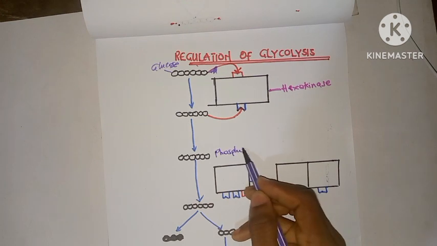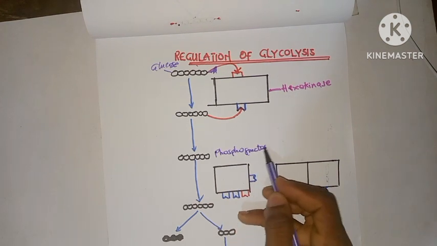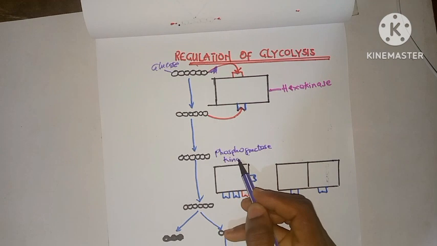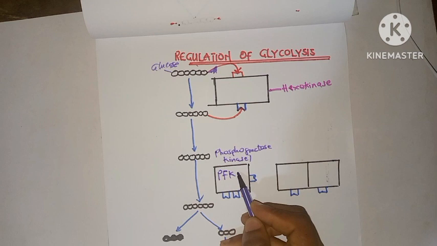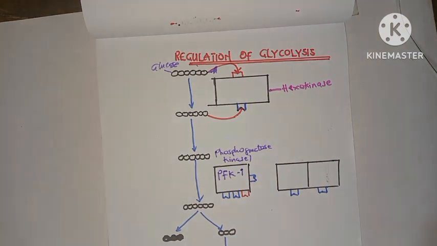Phosphofructose kinase 1, or PFK1. This enzyme phosphorylates fructose 6 phosphate to fructose 1,6 bisphosphate, and is one of the most highly regulated steps in glycolysis.